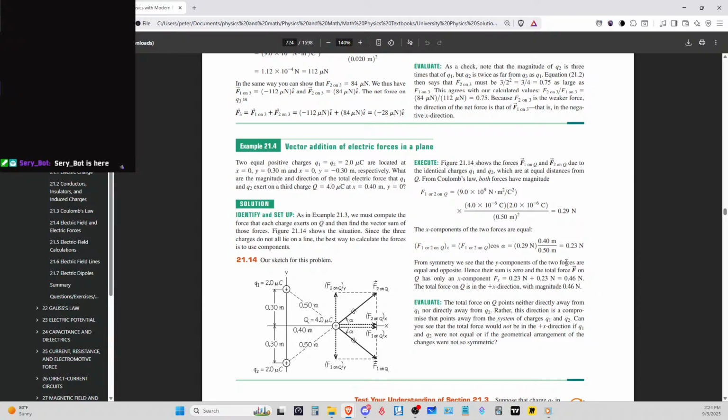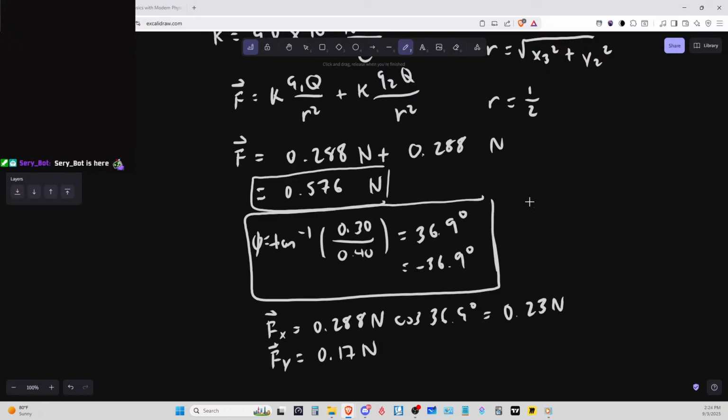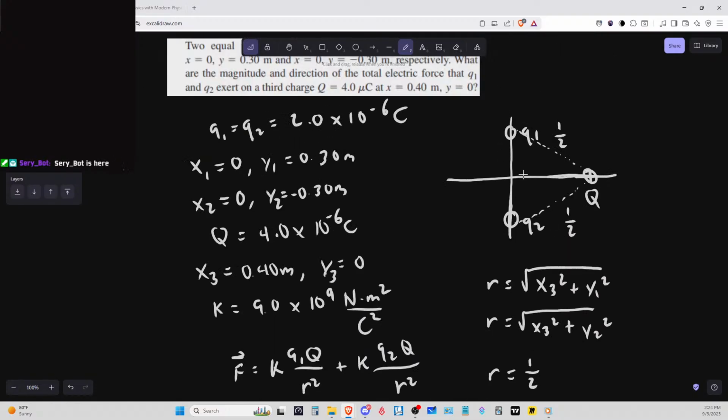See, the Y components of the two forces are equal and opposite. Oh, I think it's because of this right here. If they're perfectly symmetric, it's not going to affect this.